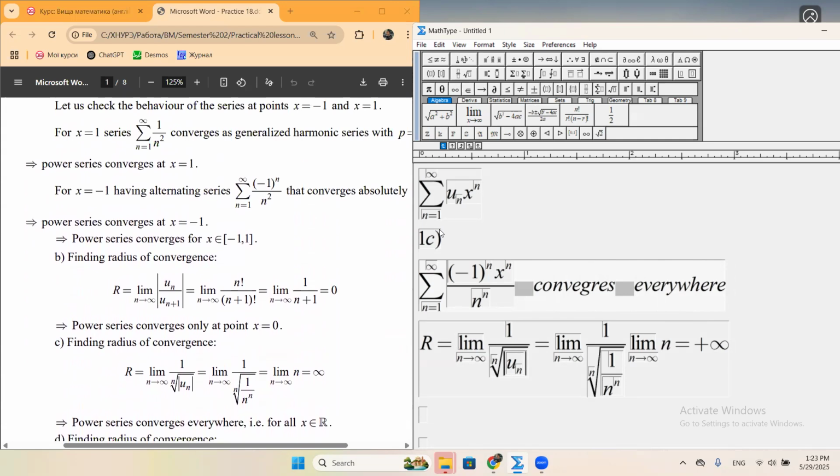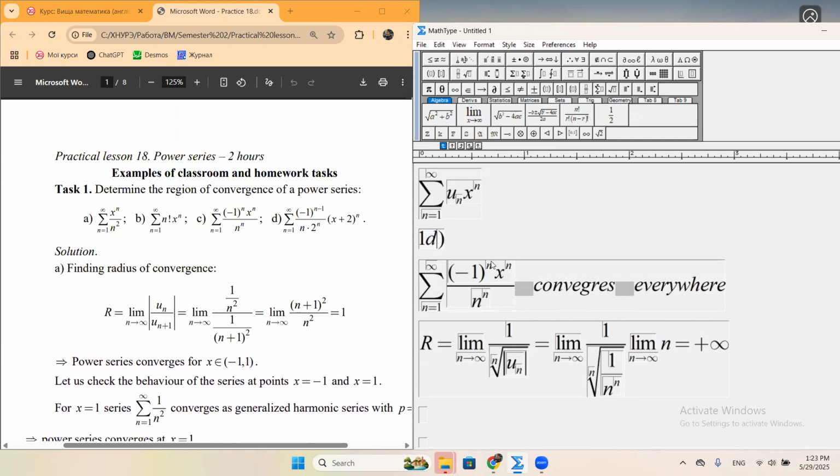Okay, once more example, 1d. We have the following series, a more interesting exercise: n over 2 to the power of n, and x plus 2 to the power of n.